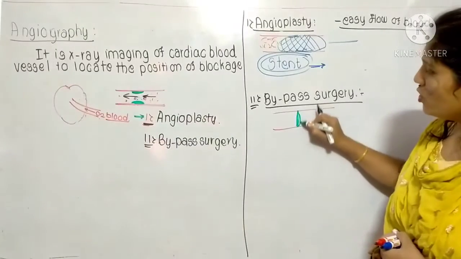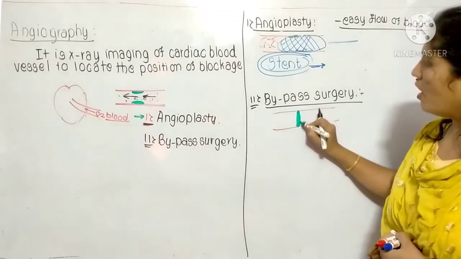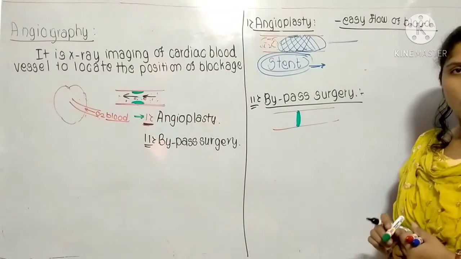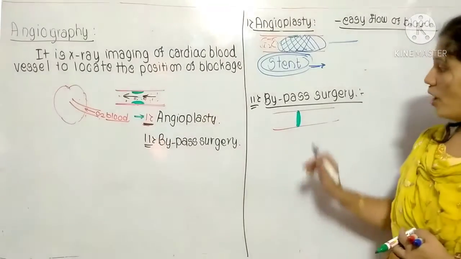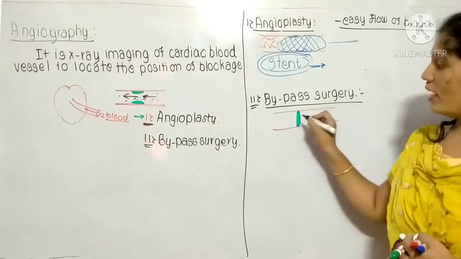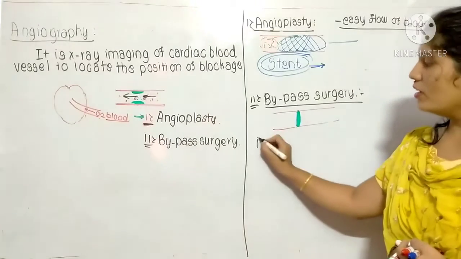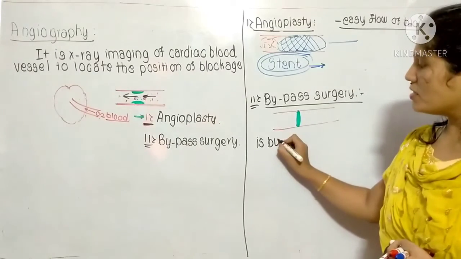Suppose plaque is present, or you can say this artery is an atherosclerotic artery. At this atherosclerotic region, the blockage is bypassed.